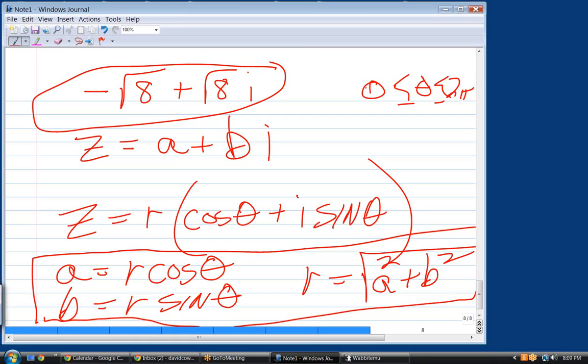So first of all, in order to put it in this equation, we're going to need R. R is the square root of A squared plus B squared. So what is that?